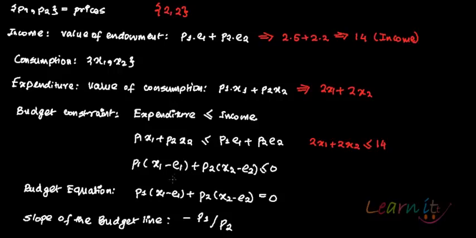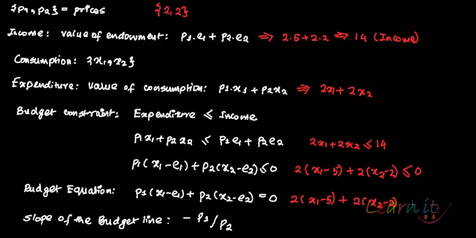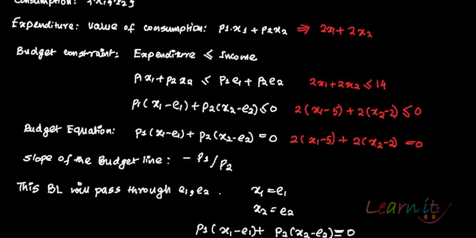If you want to write this in terms of net demands, you can write 2 into (x1 minus 5) plus 2 into (x2 minus 2) less than or equal to 0. In case of the budget equation, you can write 2(x1 minus 5) plus 2(x2 minus 2) equal to 0. Clear?